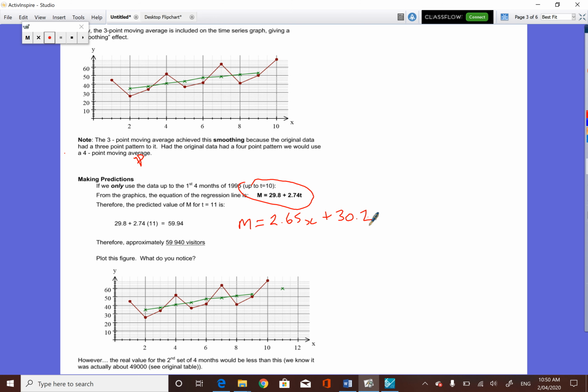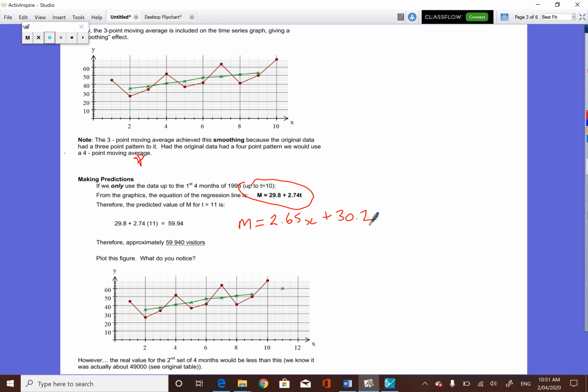Okay, so what this means, we need to understand this line. This means that there will be 2.65 thousand more visitors as each month goes up. That's my gradient. And the 30.2 means that's the y-intercept. So when the time was 0, or at the start of 1993, they were anticipating on average 30,000 visitors per 4 months.